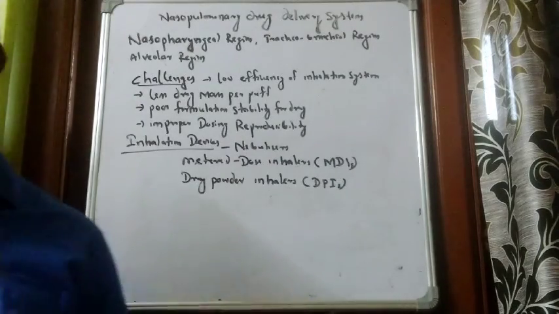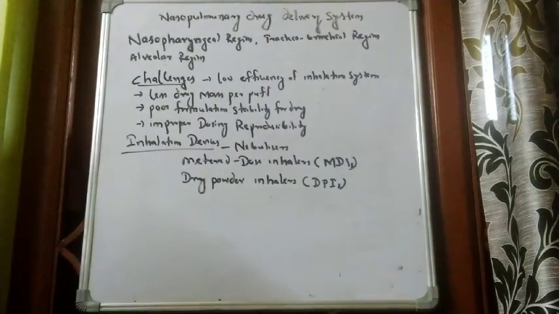But nowadays, to overcome different types of diseases and to give a very effective treatment for the respiratory tract, we are using this type of nasopulmonary drug delivery system. Particularly the patients who are suffering from asthma or any lung diseases need to get a local effect as well as a systemic effect.